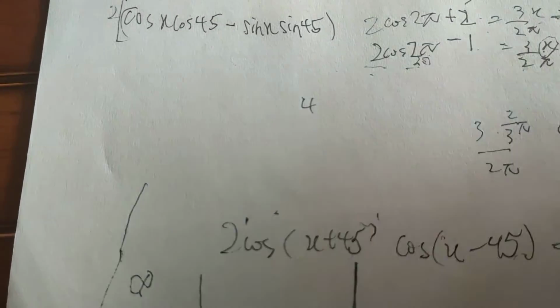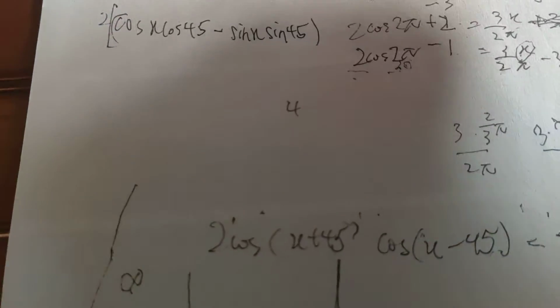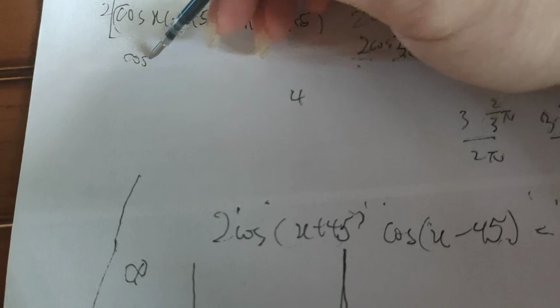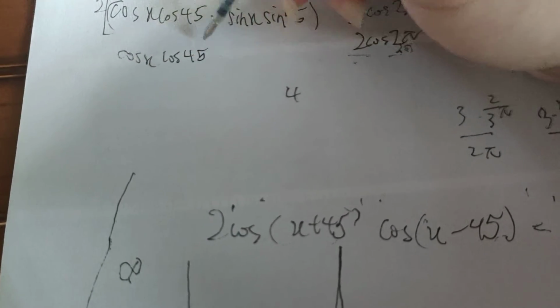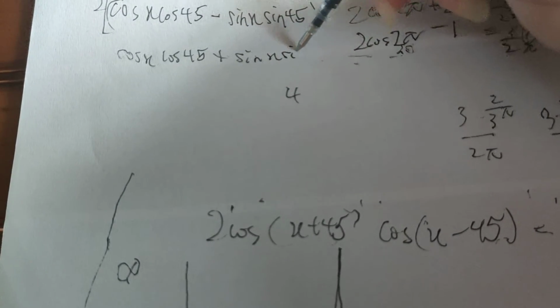And cos x minus 45 degrees is cos x cos 45 plus sin x sin 45.